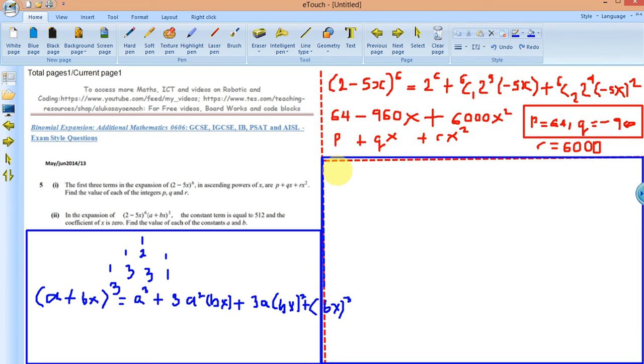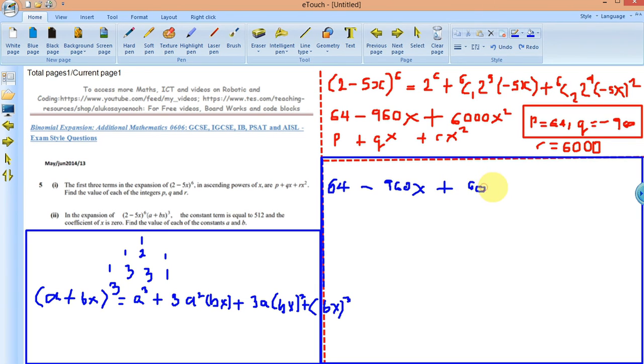This is what I have here: 64 minus 960x plus 6000x squared.